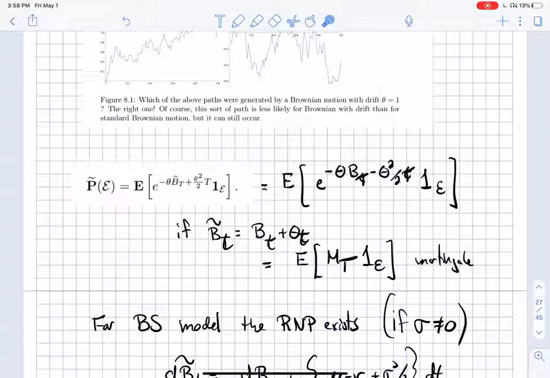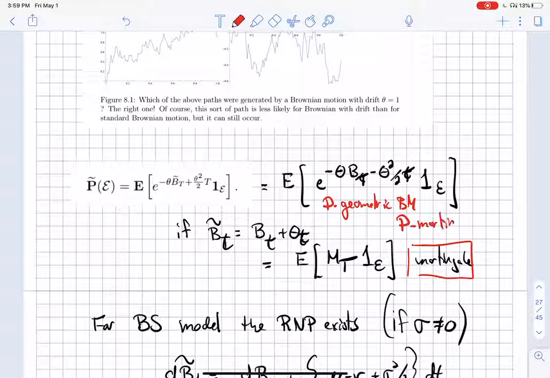Why is it interesting to put it this way? Because I can now write the factor here as a martingale. This is actually a geometric Brownian motion under P. It's a P martingale. And that's a feature of the Girsanov theorem, that this factor is always a martingale, if I write it correctly. So that's actually sometimes useful.